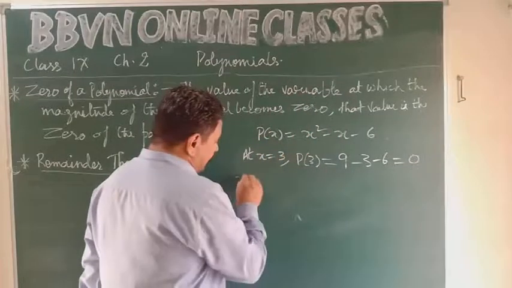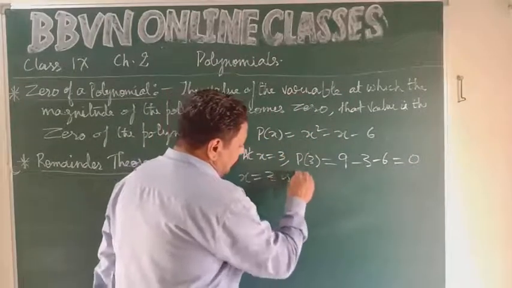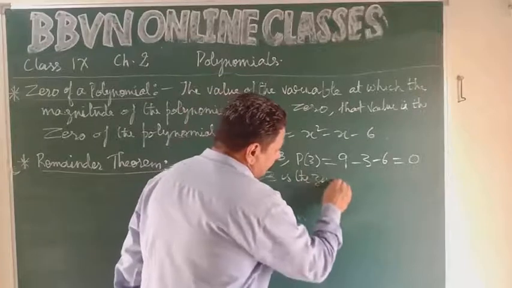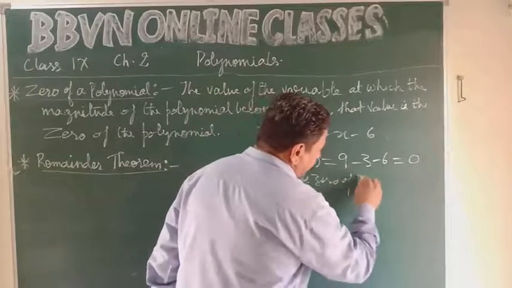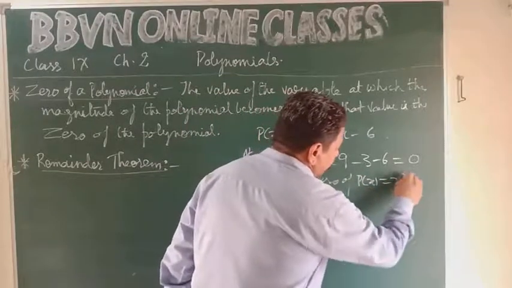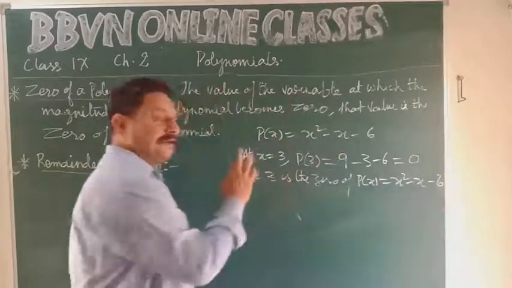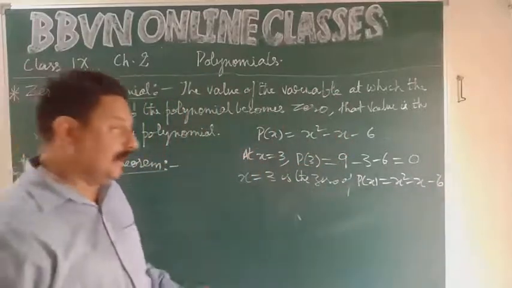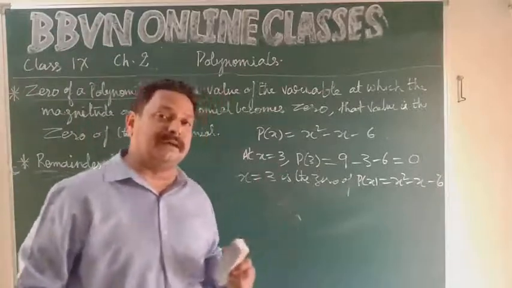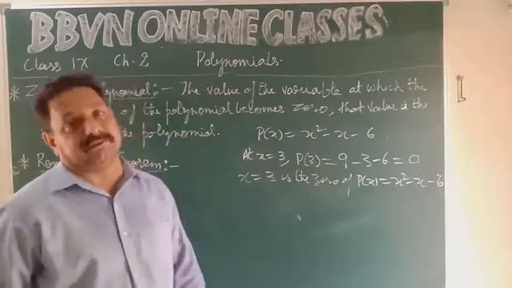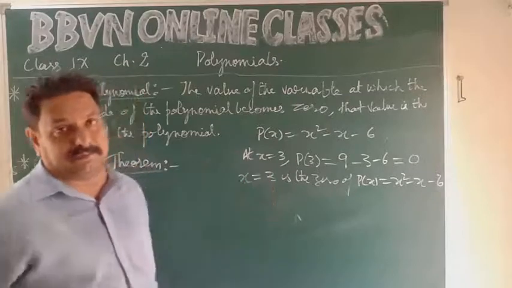So we can say x equal to 3 is the 0 of polynomial p of x equal to x square minus x minus 6. Why? Because at x equal to 3, the entire value of the polynomial becomes 0.